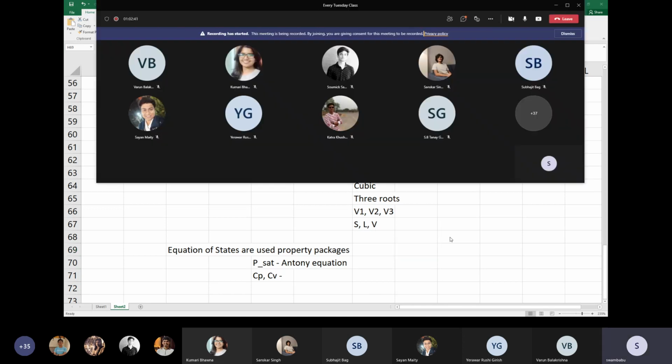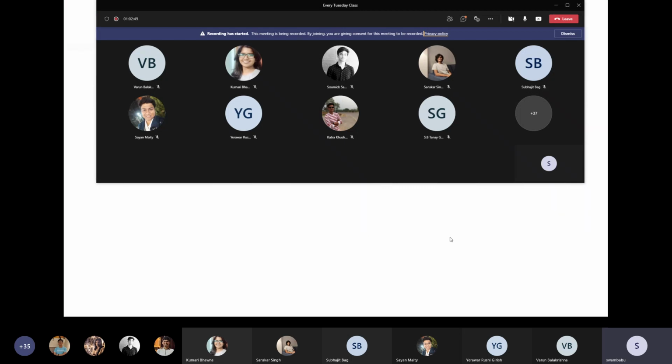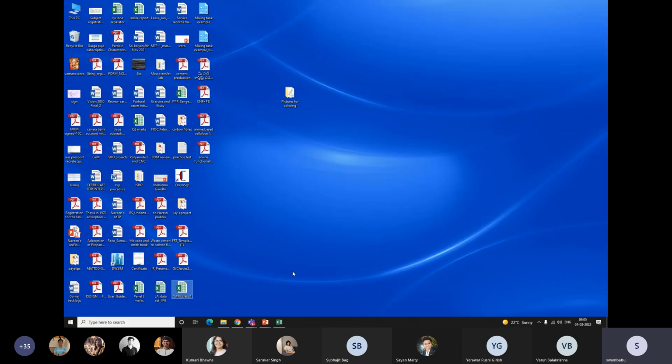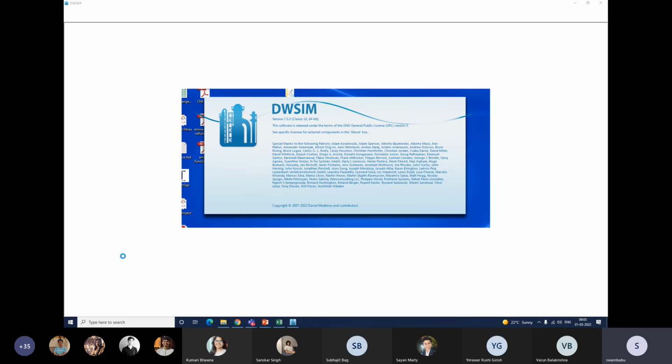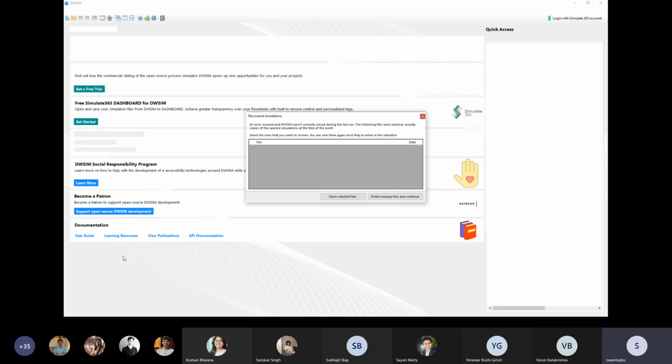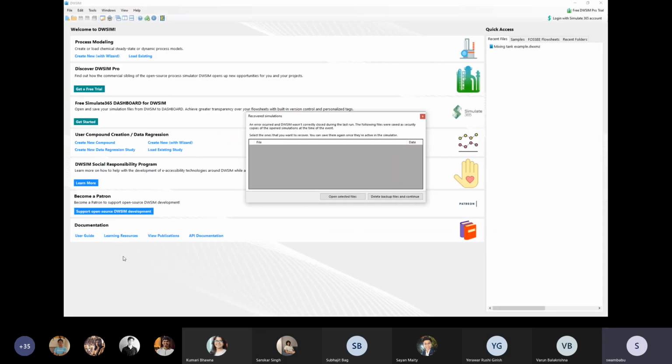All these things are written in background programs and generated as process simulators after so many years of effort. So let's go to DWSIM and see how these property packages are used to generate these properties and how vapor liquid equilibrium data is generated. We will see.